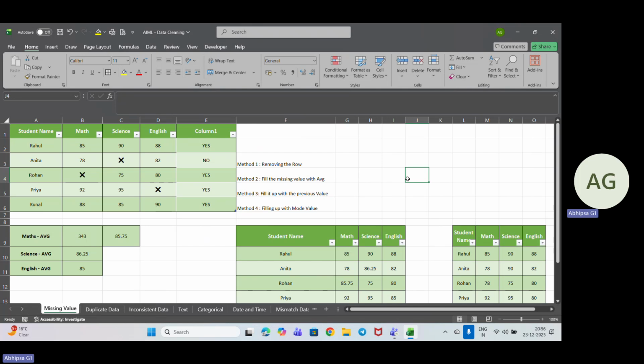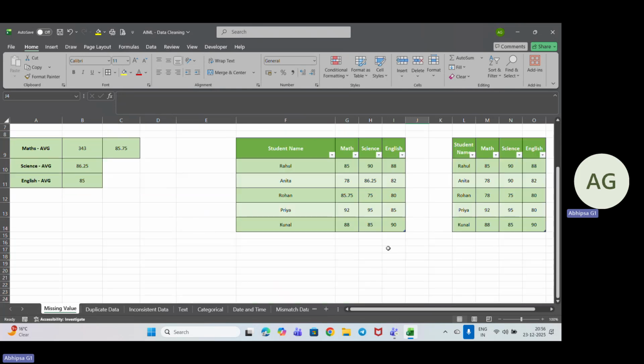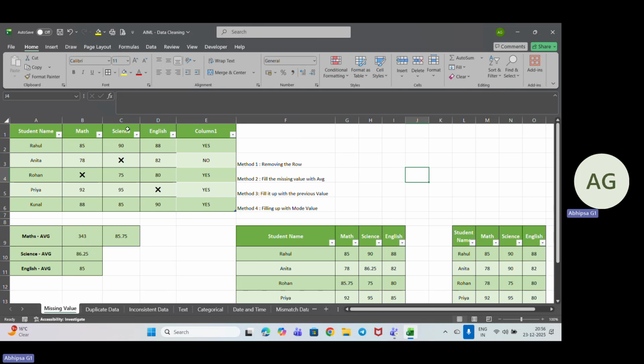This we can do for values related to, suppose, marks. In case of columns like marks, salary, we can definitely fill it with the average value, that is the mean value.